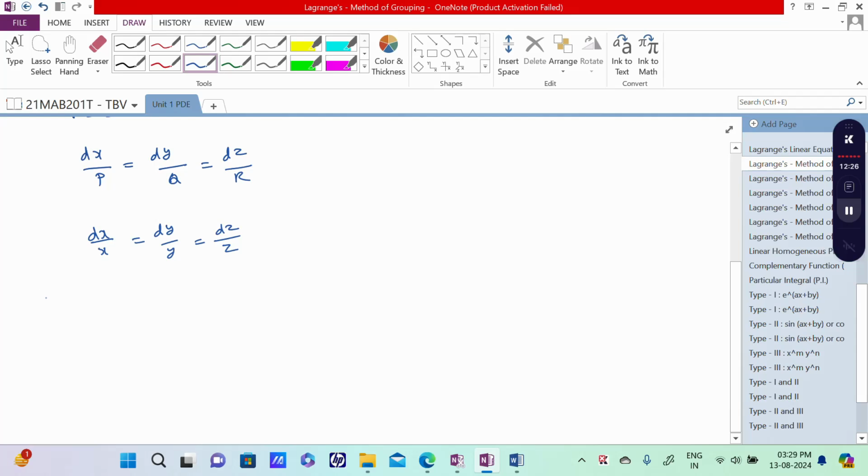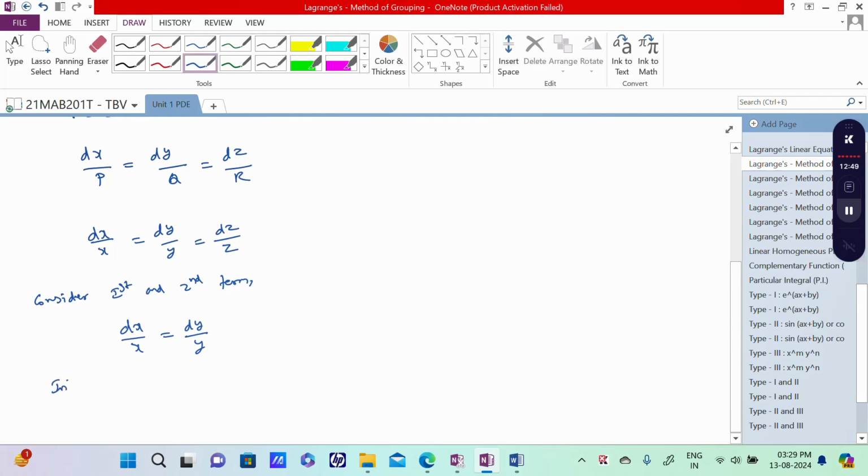First I am choosing the first two terms. Therefore dx by x equals dy by y. Look at these two terms, they only have x and y. If any z variable appears, try to eliminate it.